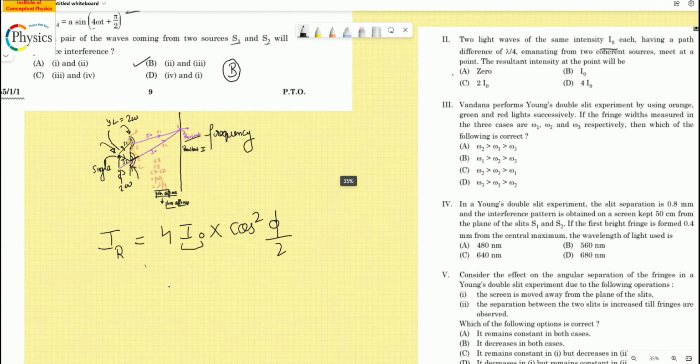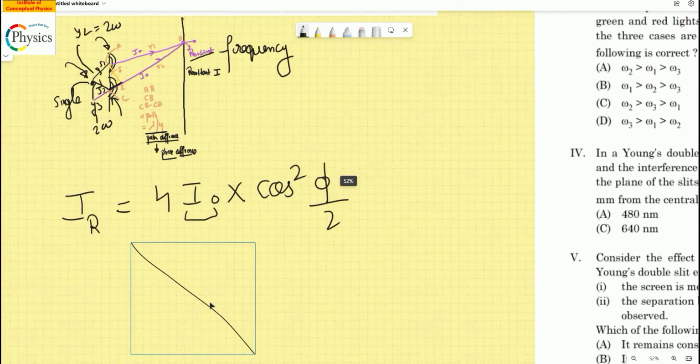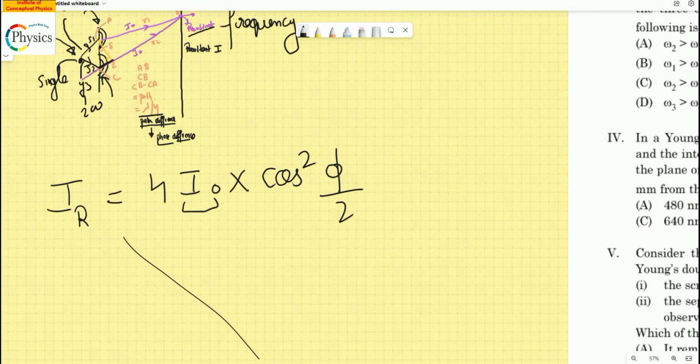If you refer to the diagram, you can see the two waves that interfere, each has an intensity of I naught. They meet at this point and create a resultant.